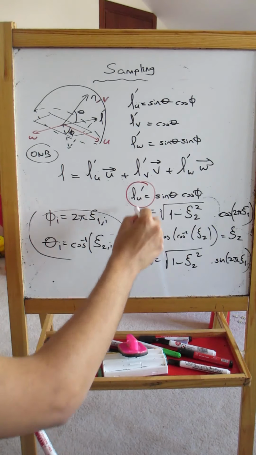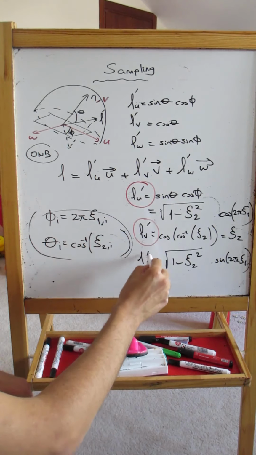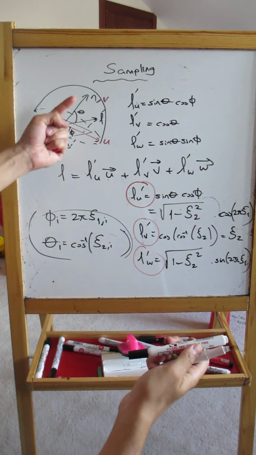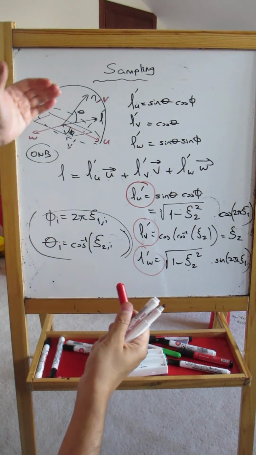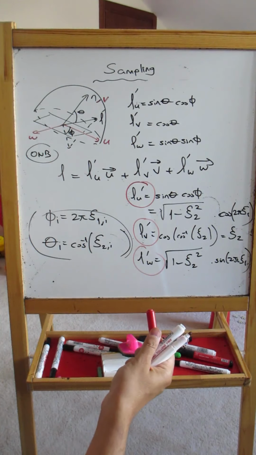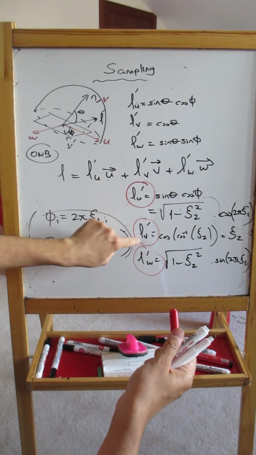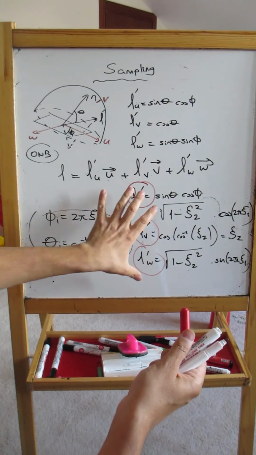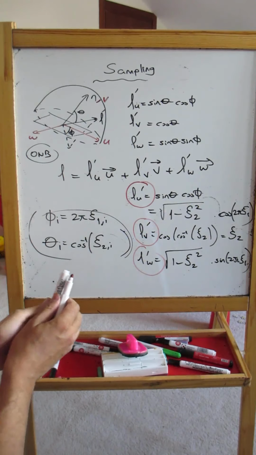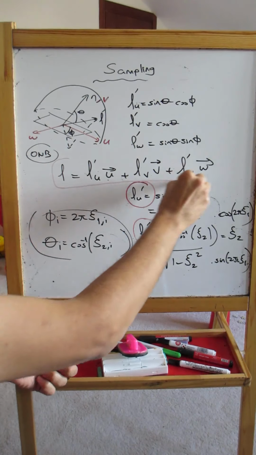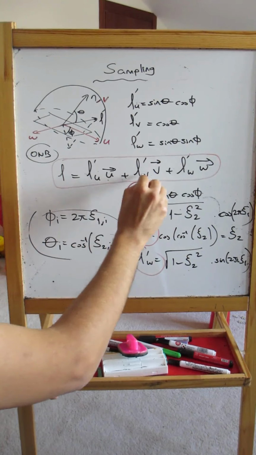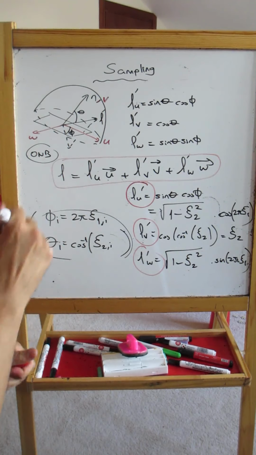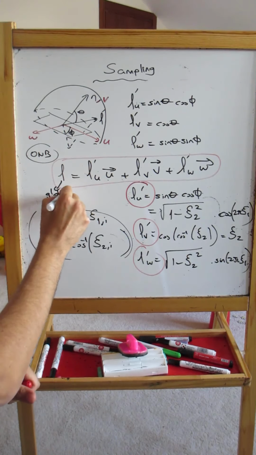So if you want to sample a direction uniformly around a hemisphere which is oriented arbitrarily around the surface normal, the hemisphere aligned with the surface normal, you sample Lu, Lv and Lw using your random numbers, and then after you find these, you substitute them in this formula, which uses Lu, Lv and Lw together with the UVW vectors to find the global direction.